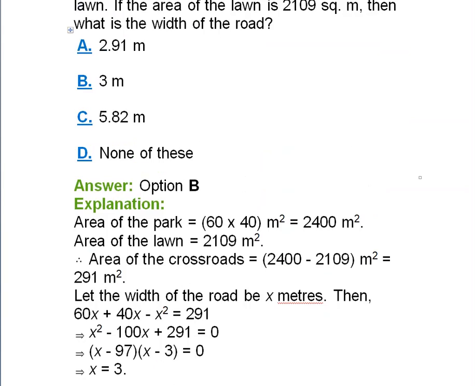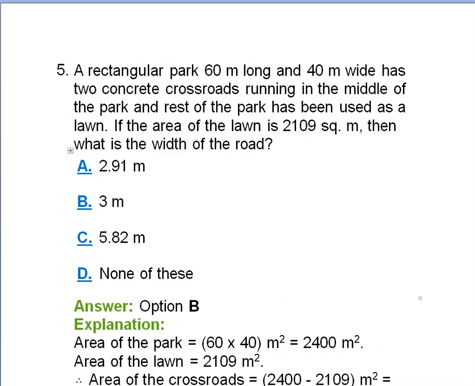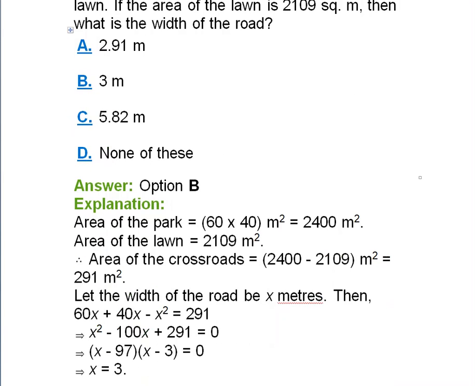Now you'll consider the width of the road to be x meter. Once you consider it to be x meter, you'll take it as 60x plus 40x minus x square equals 291. Now why did this come here?